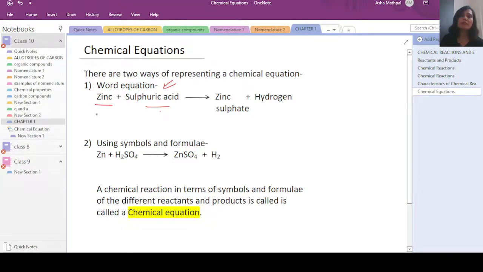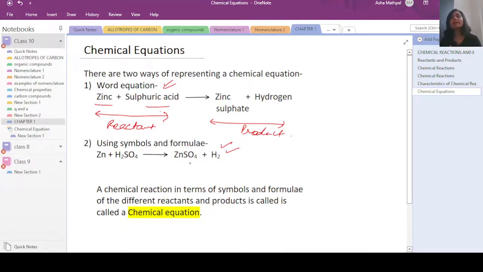This is the reactant side, zinc plus sulfuric acid. But in this step also the writing is too much, as you have to write the whole name of each reactant and product. So to shorten this process, we use symbols and formulas.